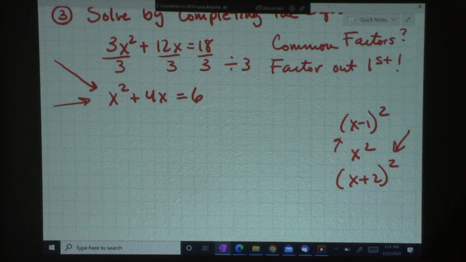Now remember, I can do anything I want to both sides of the equation, as long as I do it to both sides. So I'm going to make room.